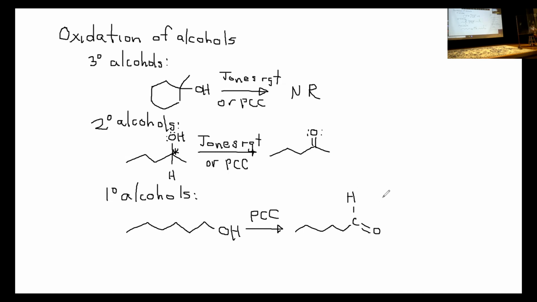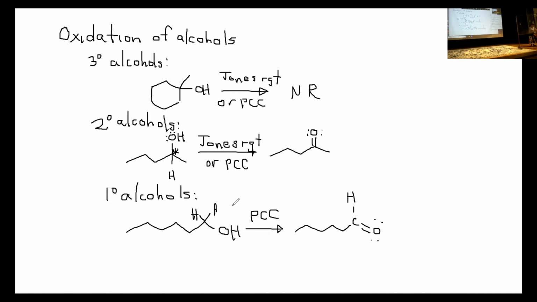So the step-by-step method here looks pretty much like for secondary alcohols. You look at your alcohol, you take off the H from the OH group, and then one of the 2 adjacent H's on that primary carbon. You take those 2 H's off and you turn the single bond into a double bond. And you'll find that you get an aldehyde.